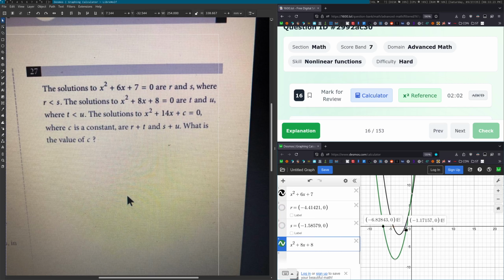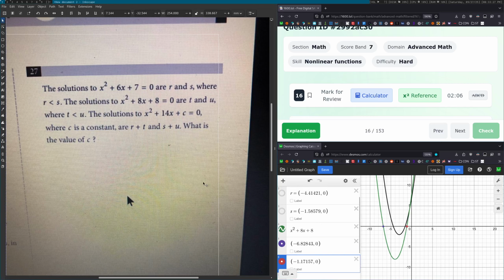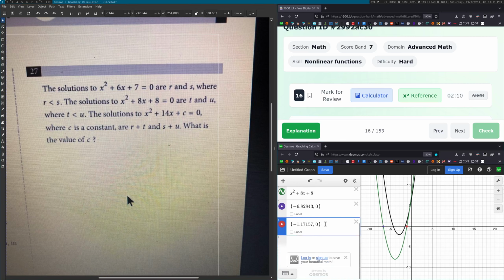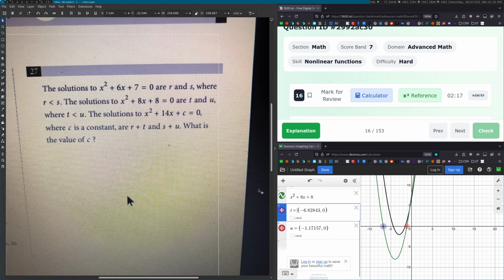Cover those up for now. Let's put those down as well. Okay, and U has to be the bigger one again. So this is U. And this is T.